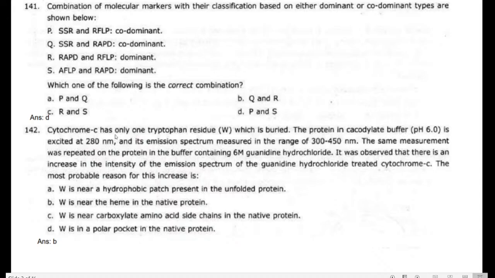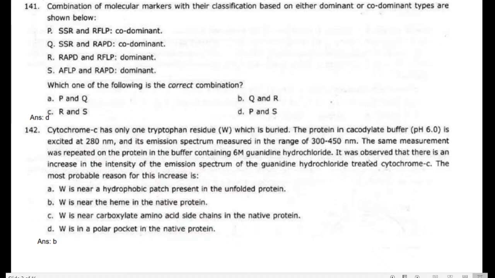Only one tryptophan residue, W, which is buried, means it's inside of the protein. The protein is in cacodylate buffer, excited at 250 nanometer, and its emission spectrum measured in the range of 300 to 450 nanometer. The same measurement was repeated on the protein in a buffer containing 6 molar guanidine hydrochloride.